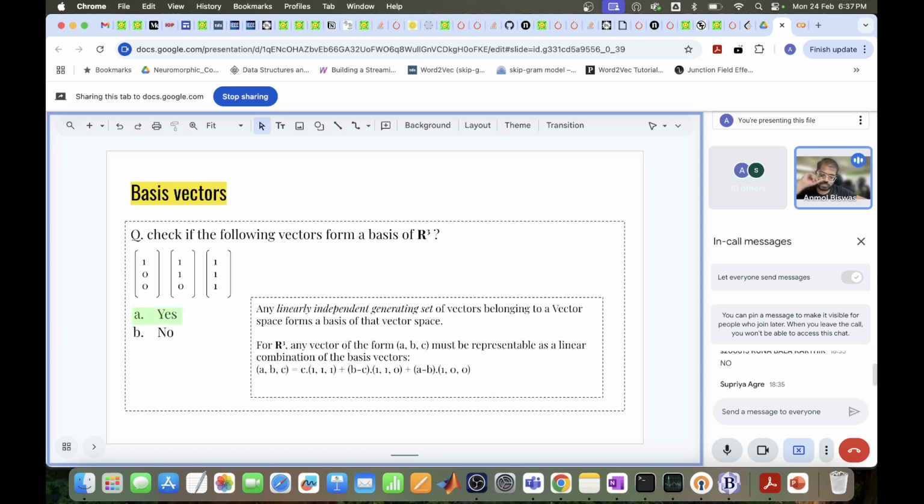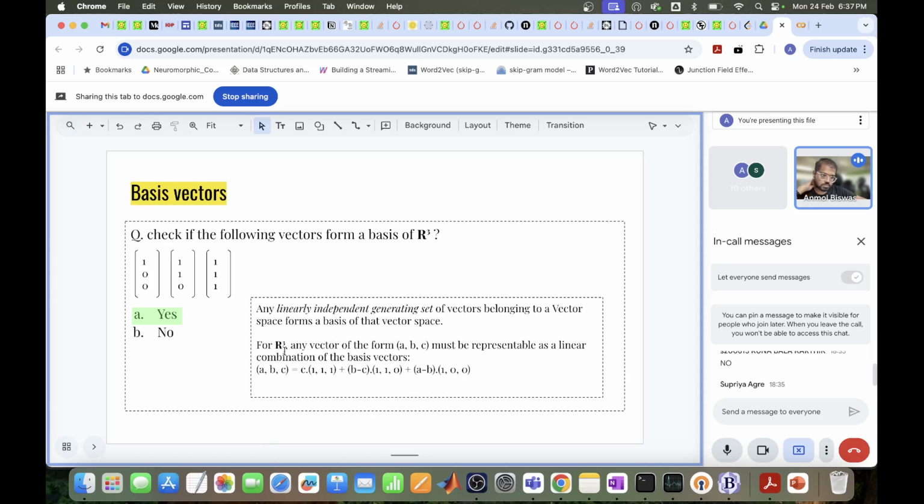In the previous question, we proved that the first three vectors that form the set over here do in fact form a basis set, right? And if they do form a basis set, then any vector that belongs to R3 can be expressed as a linear combination of them. And in fact, we also showed how that linear combination would look.